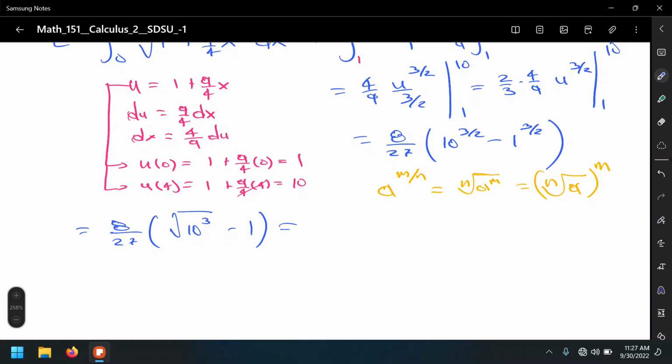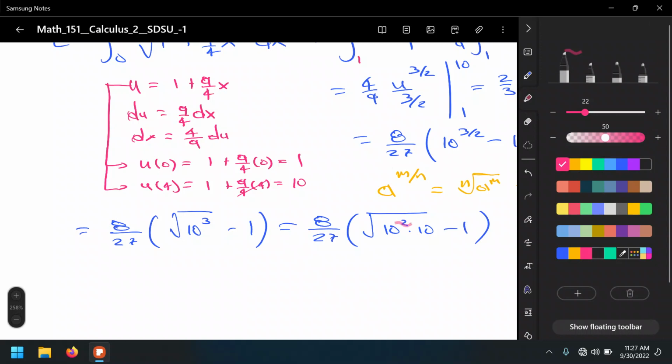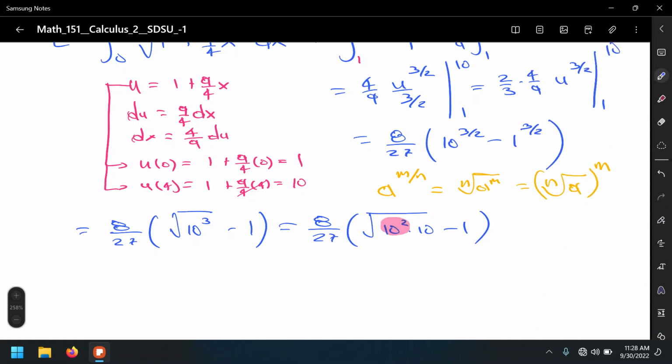However, we can write the square root of 10 squared times 10, and in this case there will be a factor of a perfect square that we can simplify. So this will be 8 over 27 times 10 root of 10 minus 1. And that's the final answer.